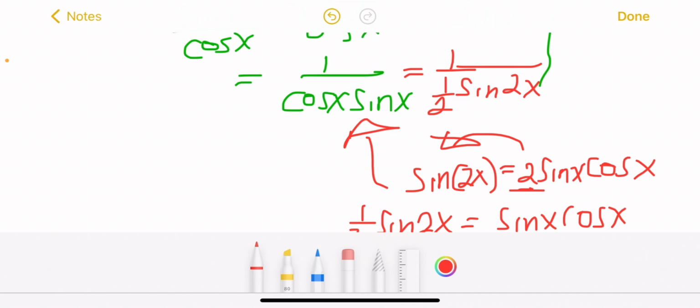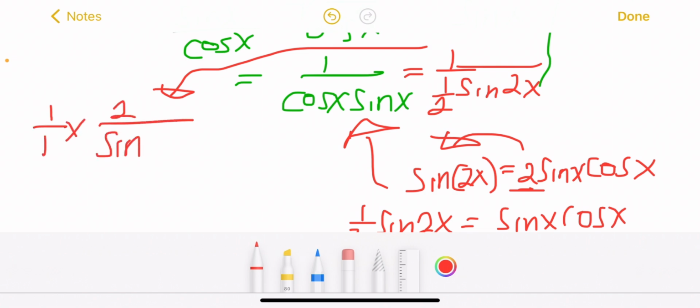Now we have to simplify this. This is equal to 1 over 1 multiplied by 2 over sine of 2x. This means it's equal to 2 over sine of 2x.